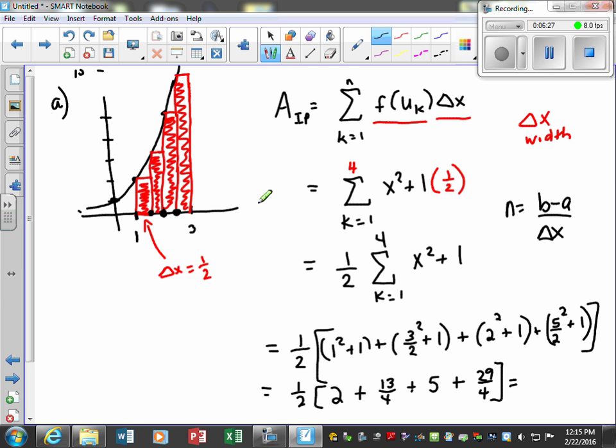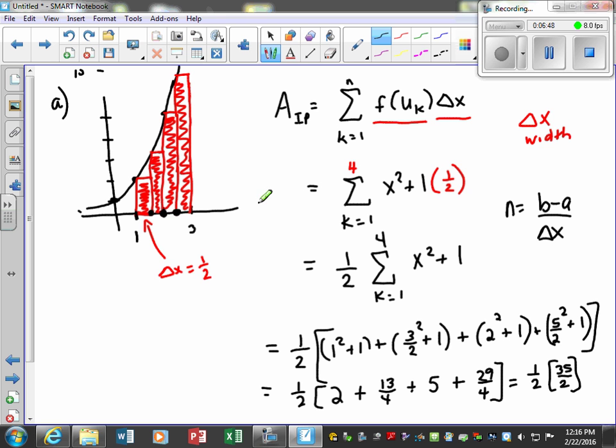Okay, so that would give us 1/2. The whole inside, when you add them all up, should give you 35/2 when you get a common denominator and simplify. And then when we multiply that out, we should simplify to be 35/4.